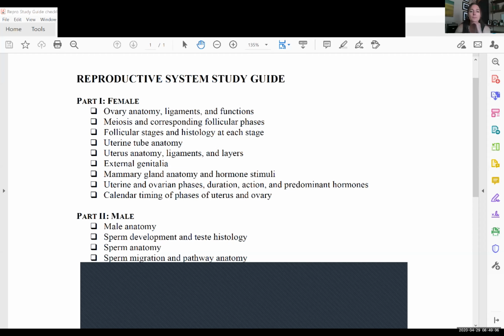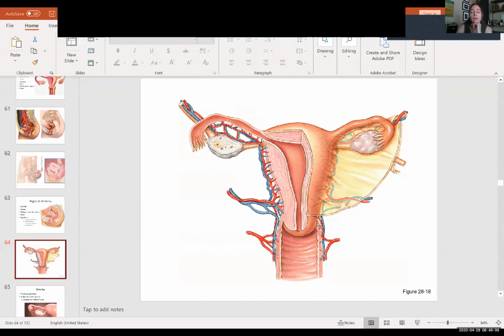So in this picture, here we have our ovary, and this is our ovarian ligament, going from the medial aspect of the ovary towards the uterus, and you can see it on both sides. Outward from the ovary, lateral to the wall, is the ligament as well as blood vessels, and that one is the suspensory ligament.